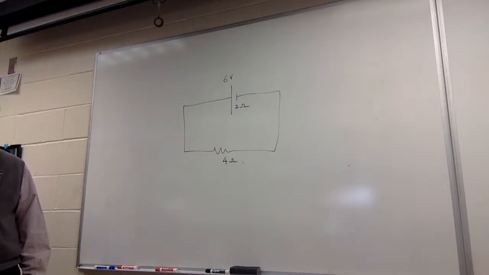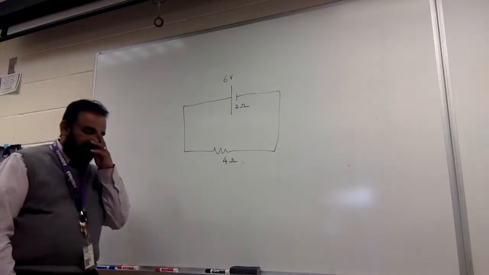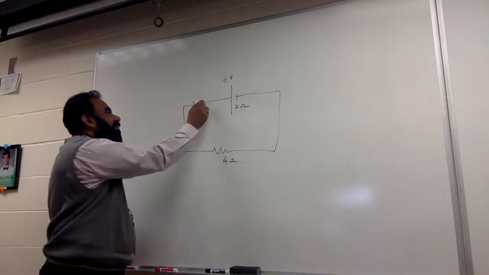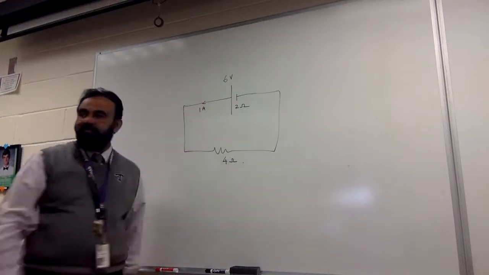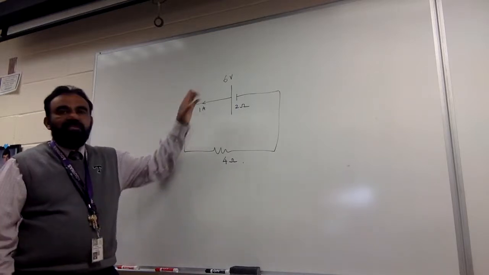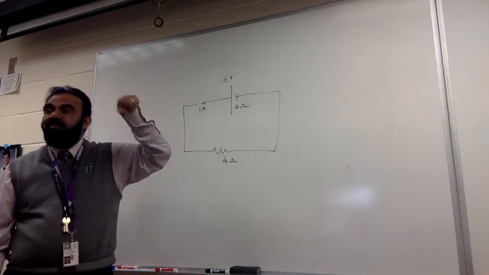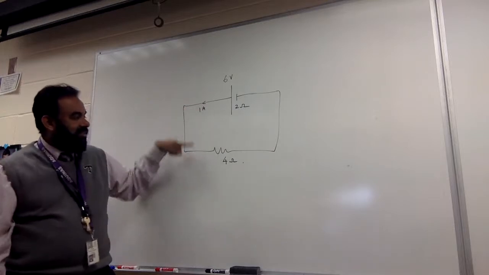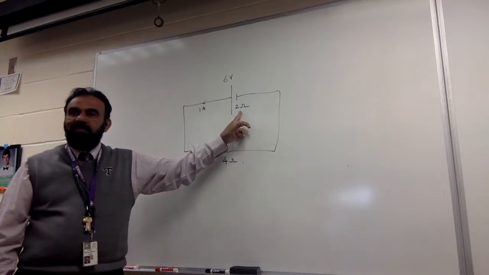Tell me the current quickly. 1 ampere. Why is it 1 ampere? Current is EMF over total resistance, which is external plus internal.